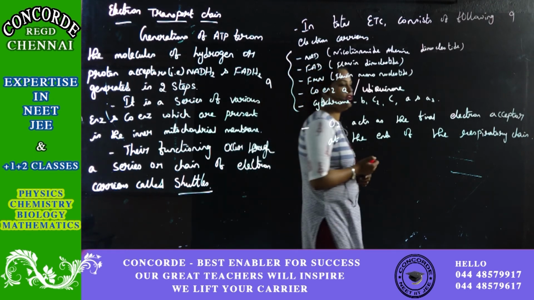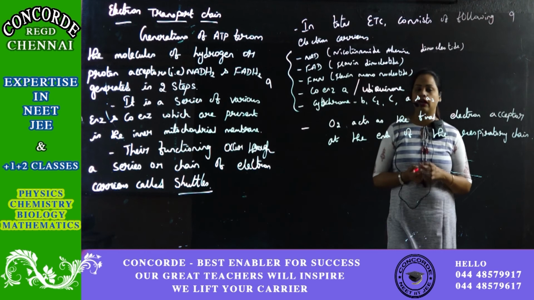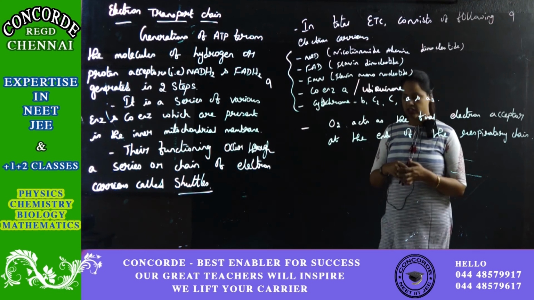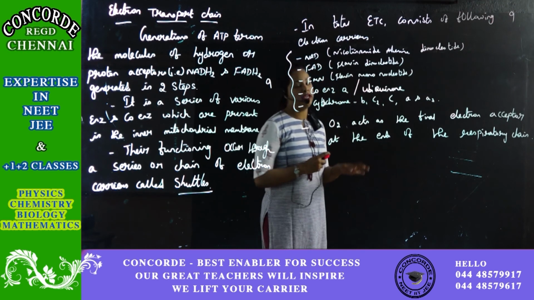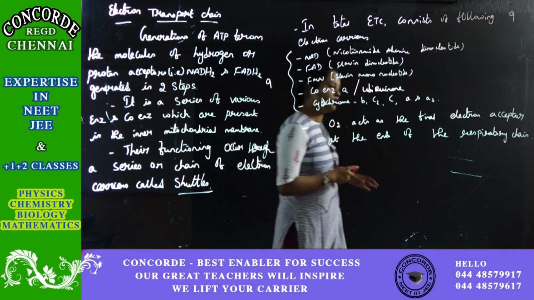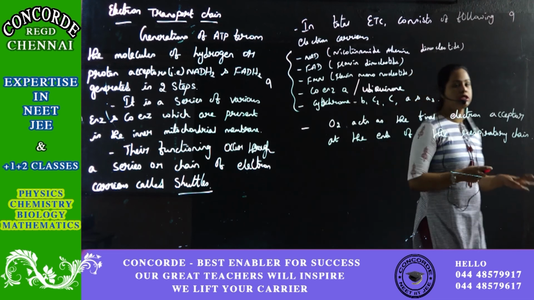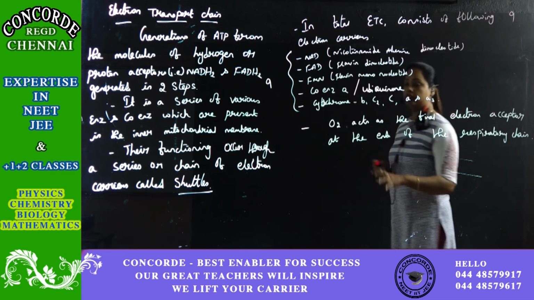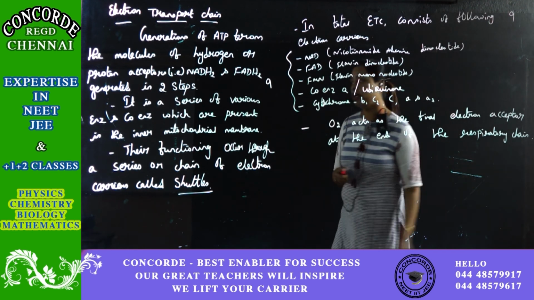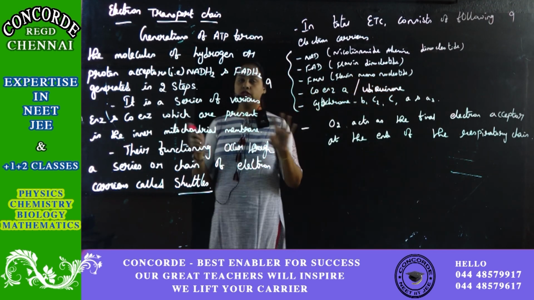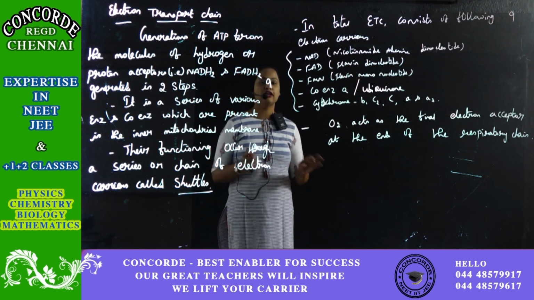That oxygen acts as an electron acceptor at the end of the respiratory chain, because here we are talking about aerobic respiration. When we are talking about aerobic respiration, oxygen is the main source. So here the oxygen will act as the final electron acceptor at the end of the respiratory chain. So this is about the electron transport chain.